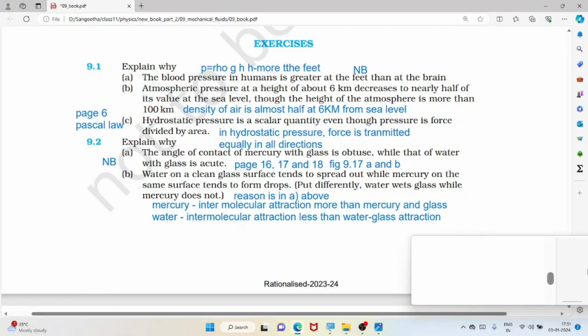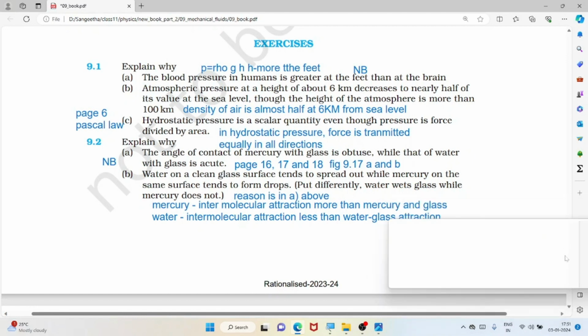Atmospheric pressure at a height of about 6 km decreases to nearly half of the value at sea level, though the height of the atmosphere is more than 100 km. See here, pressure depends on the density of the air. The density of the air decreases as you go up.